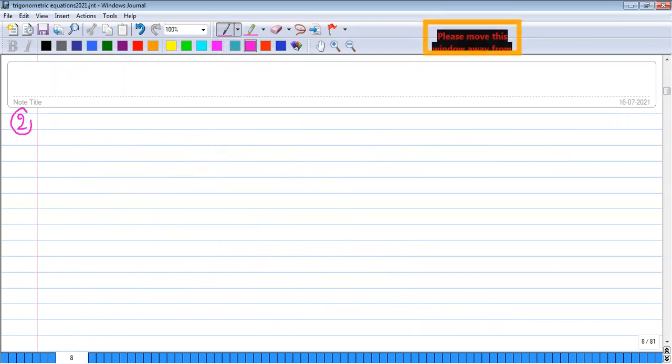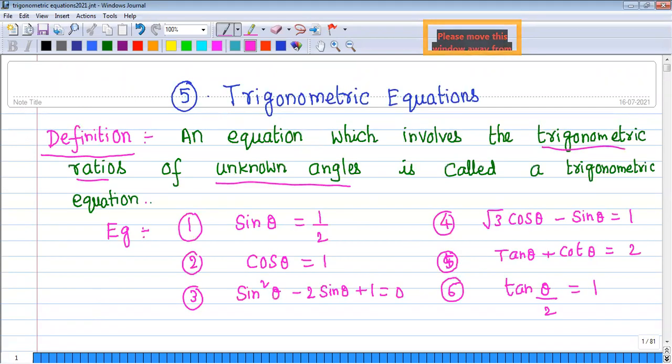Second one: sin theta is equal to root 3 by 2. Here find the principal value as well as the general solution. The general solution is n pi plus minus 1 power n into pi by 3.